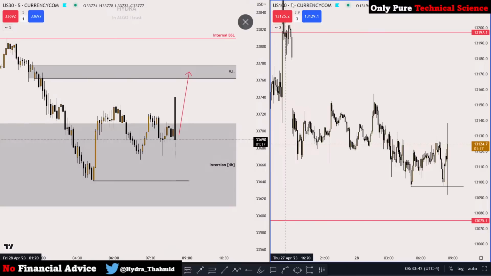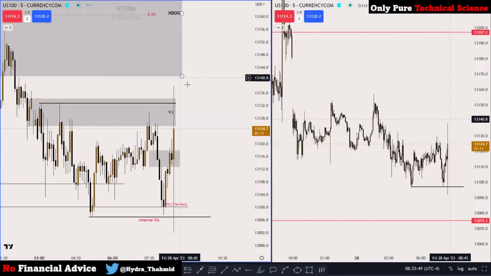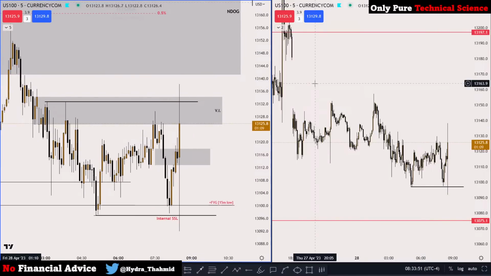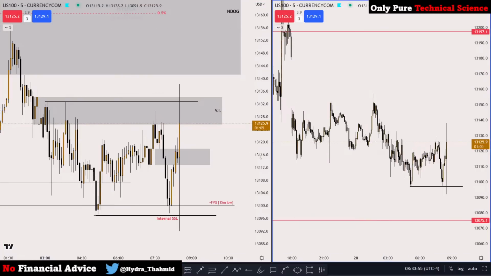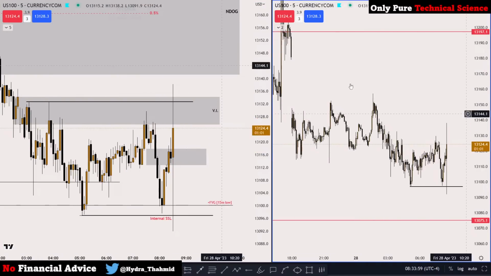I don't know why the drawing never shows when I split the screen. Like on this screen you can see price is showing the drawing, right? But on the other one it's not showing the drawings. Why? And I don't know how to fix that. Does anyone know how to fix it?